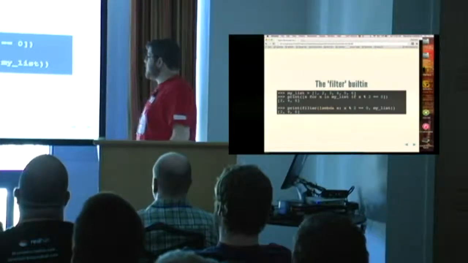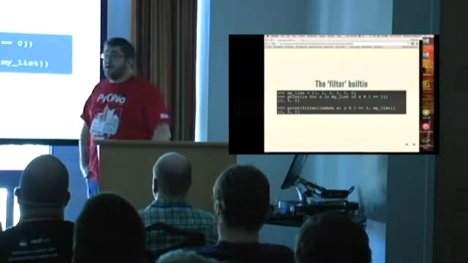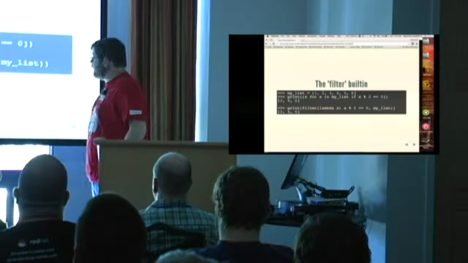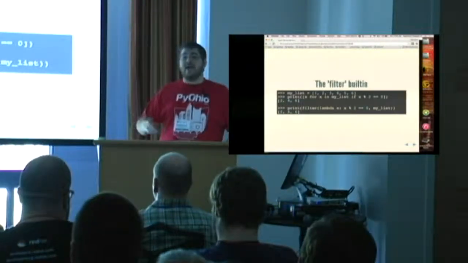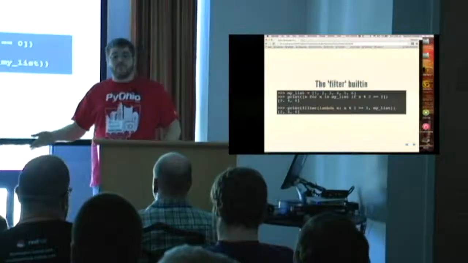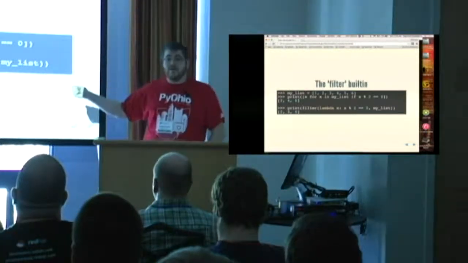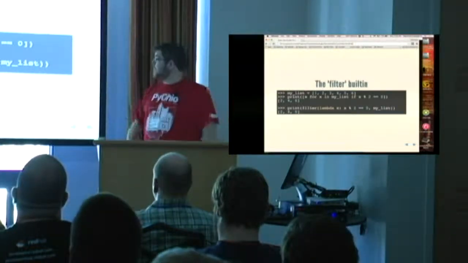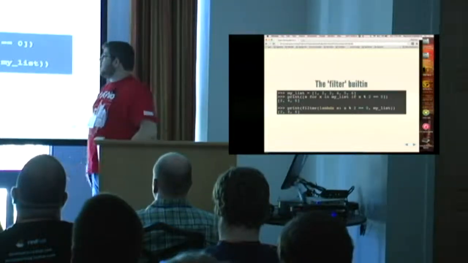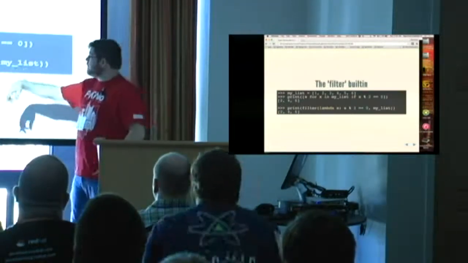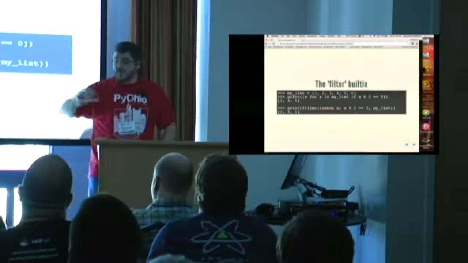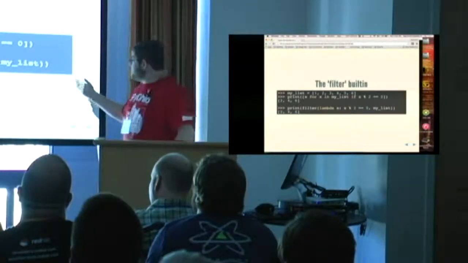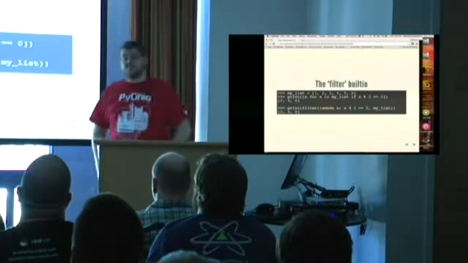In this case, x mod 2 equals 0 implicitly returns true. Now, unlike regular functions in Python, lambdas have an implicit return in them. So even though you don't see return here, it's returning that value. Each time filter calls that lambda, the lambda returns whether or not it matches, and if so, it selects those things out of the list and gives you the result.